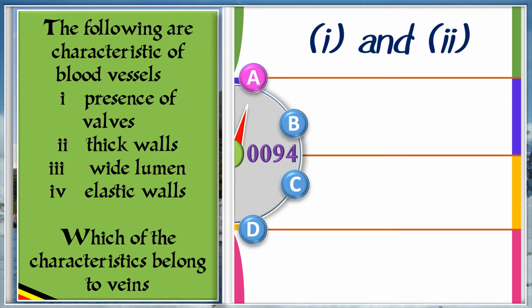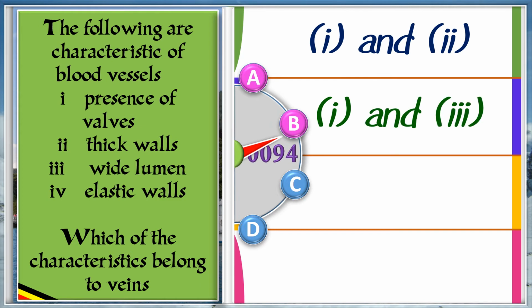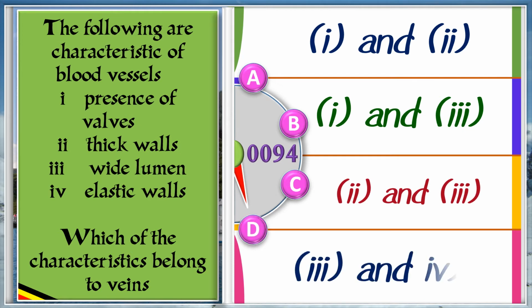B. 1 and 3. C. 3 and 2. D. 3 and 4. And the answer is B. 1 and 3, presence of valves and wide lumen.